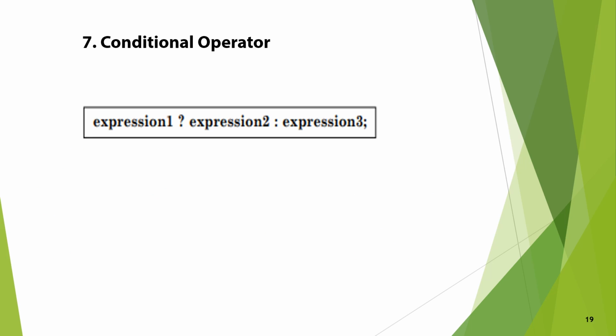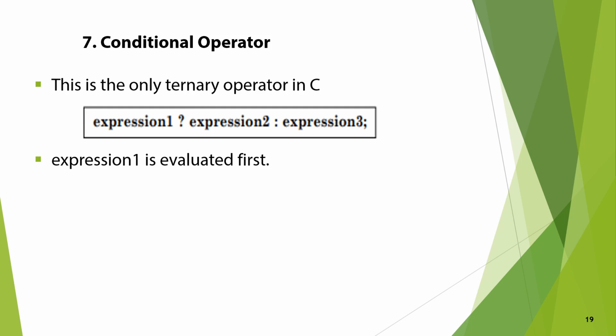Now next is the conditional operator. This is the only ternary operator in C. So the conditional operator is the ternary operator in C language. Its syntax is expression 1 question mark, because that is some condition, expression 2 colon expression 3. So first of all this expression 1 will be evaluated, and depending on its result or answer, the next actions will be taken.